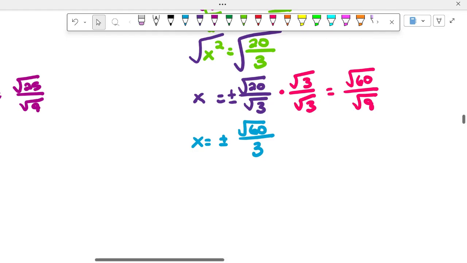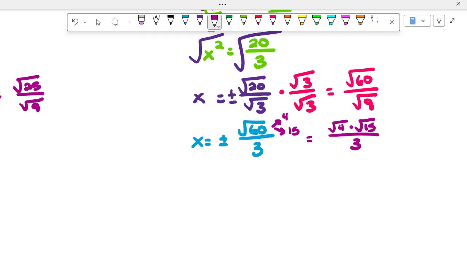Now, is there possibly a perfect square factor that can go into 60? Yeah, there is. What is it? 12 is not a perfect square. 4 is, and you can't get higher than that. So you've got 4 and what? 15. So I can change this to the square root of 4 times the square root of 15 over 3.